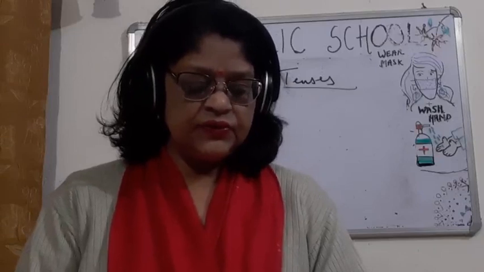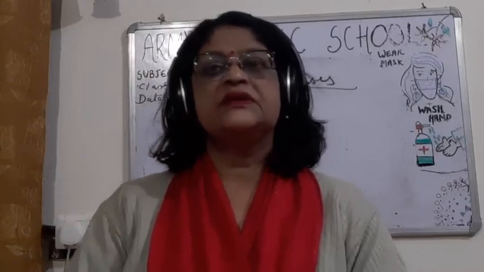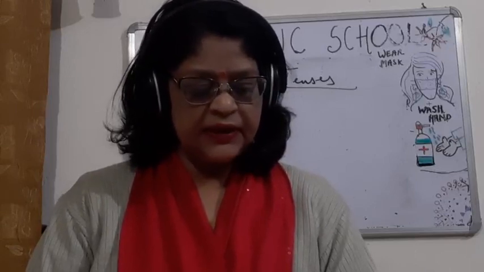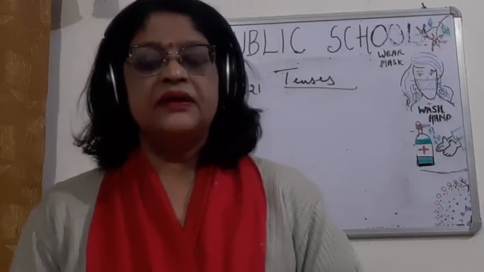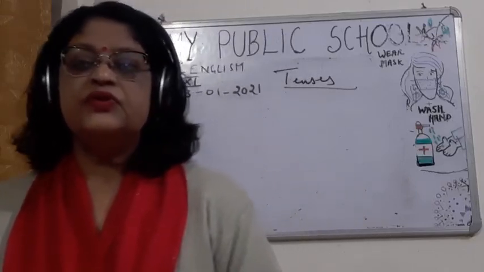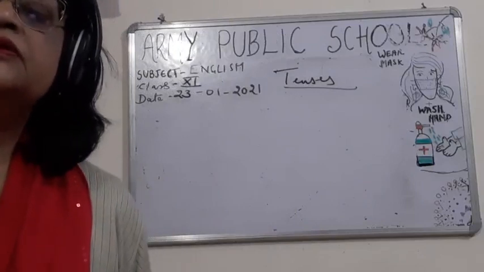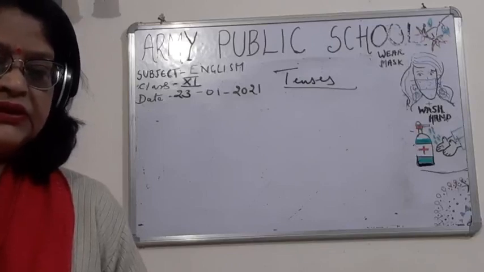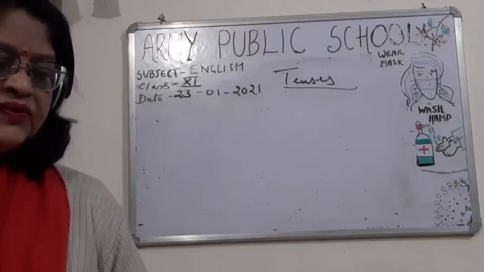Now present continuous, progressive tense is used for an action that is going on at the time of speaking, like peacocks are dancing; an action happening around the time of speaking, I am learning French; a planned future action, John is flying to the United Kingdom. So today we will be doing present perfect tense, its uses and its formula.